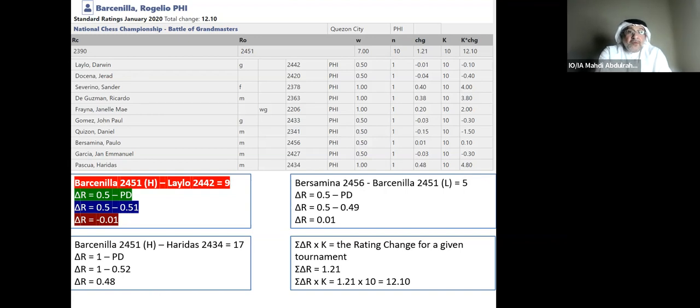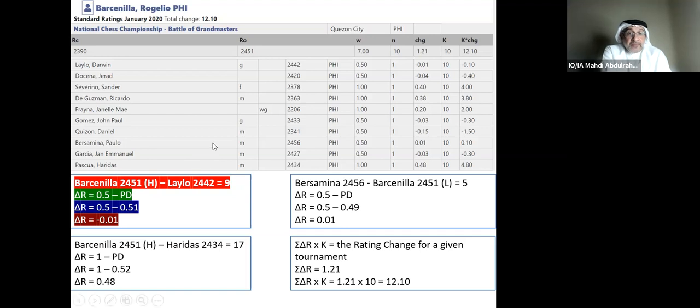Now, before we were looking for the rating; now we are first looking for the rating difference between two players. Barcelona was rated in the tournament with an ELO of 2451. His first opponent was named Lelo, a grandmaster with an ELO of 2442, and Barcelona scored half with him.